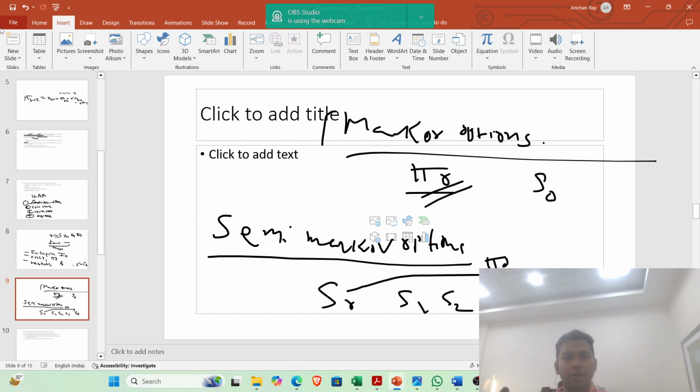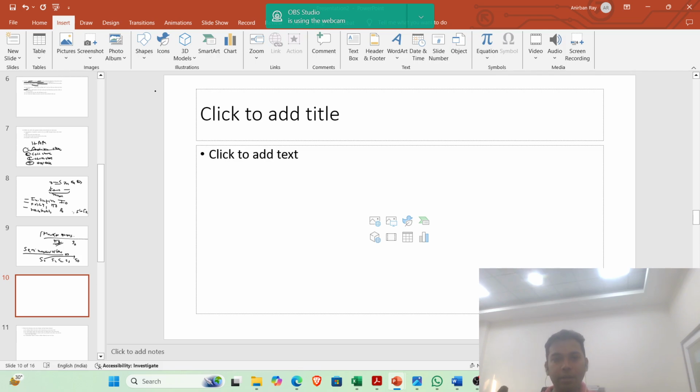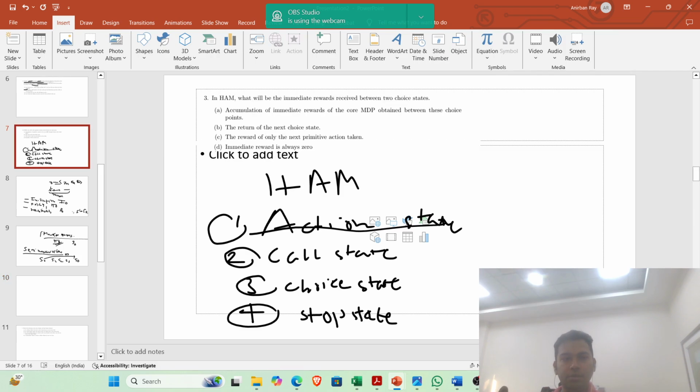Now we come back to the hierarchy of abstract machines. Here, whenever we reach a state, for that specific state we have to take an action, a preliminary action, not a macro action. That state is called the action state. And then the call state.